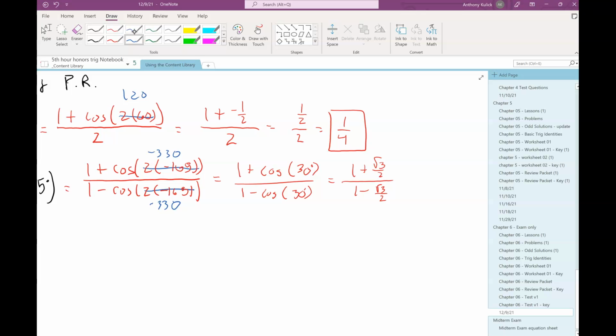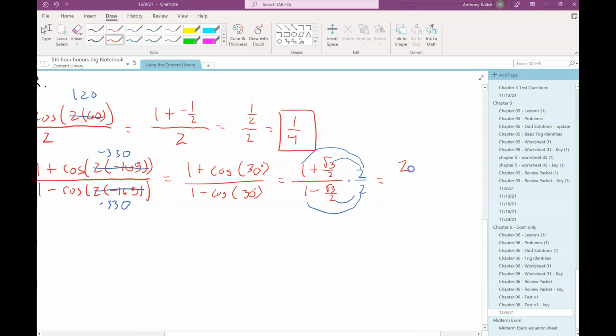So the easiest way is we'll just multiply the top and bottom of this fraction by 2. So that's going to distribute through when we multiply two fractions together. So 2 times 1 is just 2. 2 times root 3 over 2, the 2's cancel and you're left with just the root 3. And then same thing in the denominator. Okay to hear?